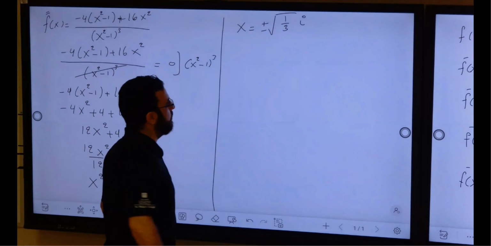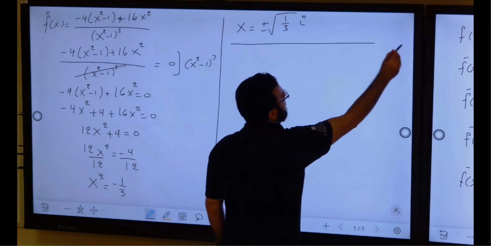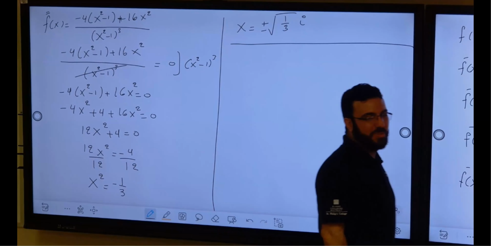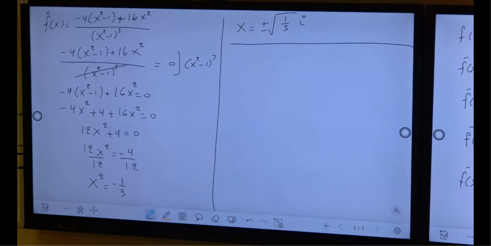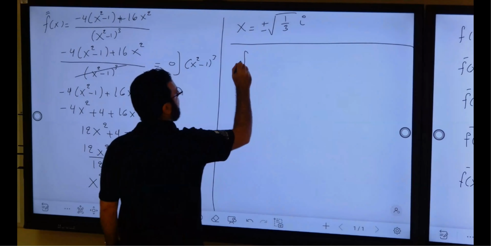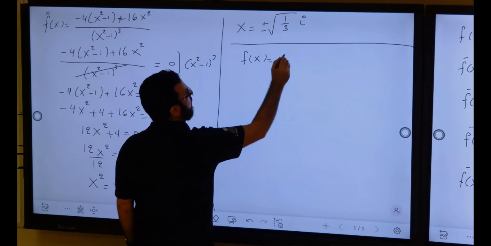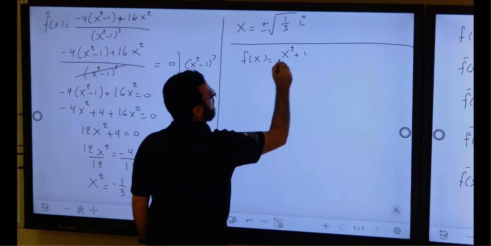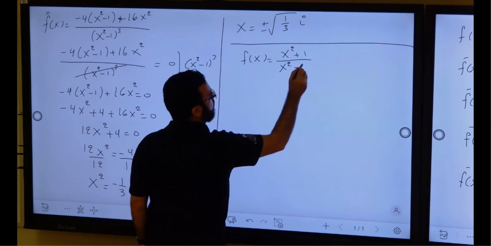Now what am I going to do? Who's going to tell me what I'm going to do? What I'm going to do is write down the function again: x squared plus 1 over x squared minus 1.